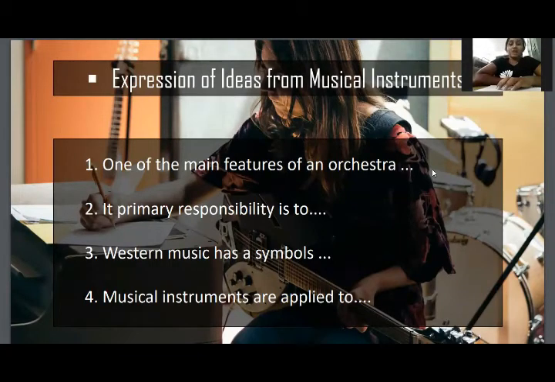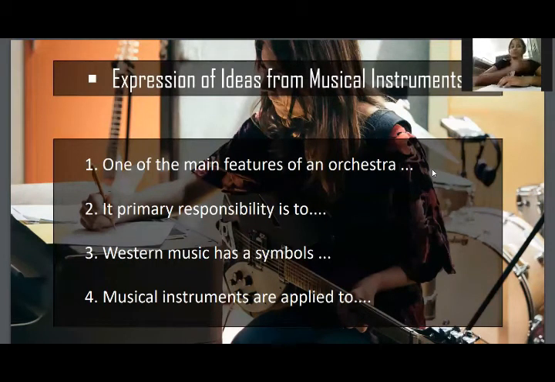One of the main features of an orchestra is that it doesn't use voice, but only musical instruments. Its primary responsibility is to convey the ideas of the theme to the viewers and listeners through a theme that focuses solely on instruments.